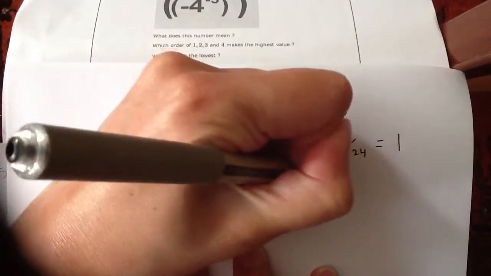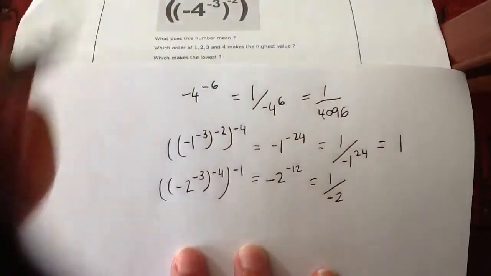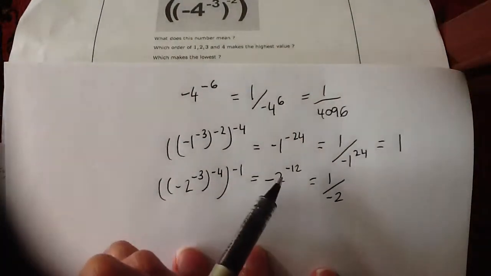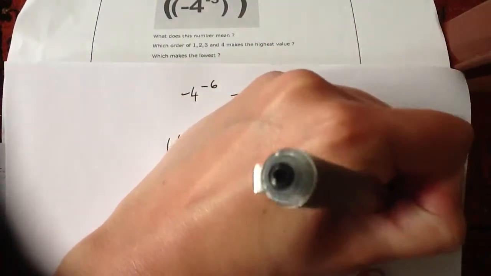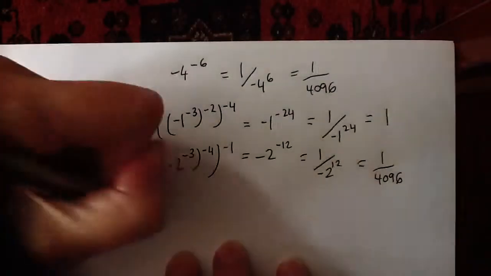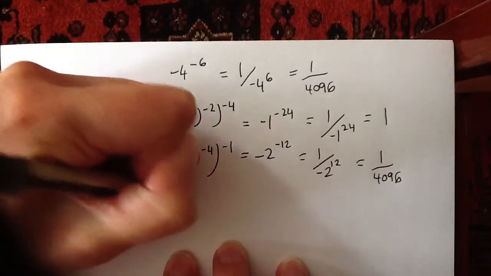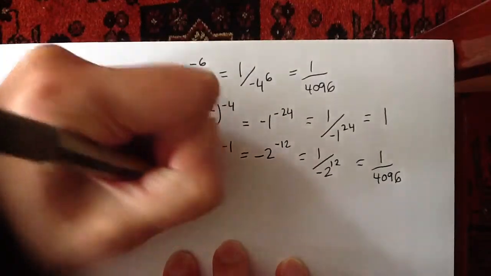That is then equal to 1 over -2 to the power of 12, which is equal to 1 over 4096.